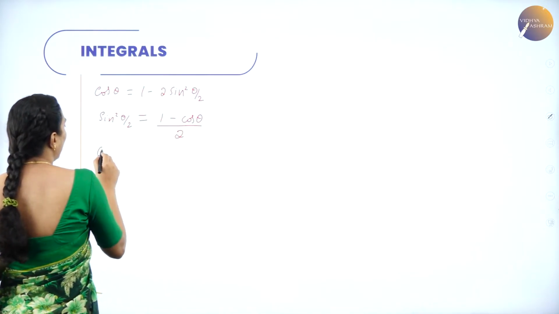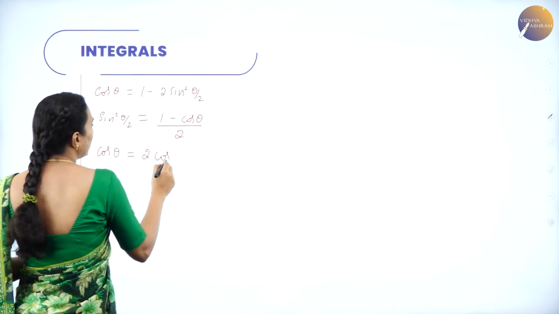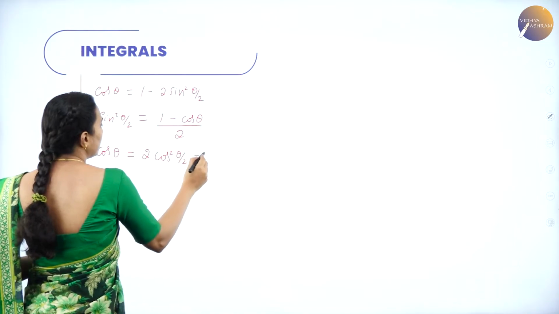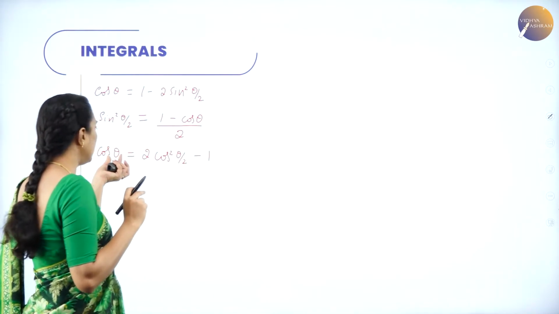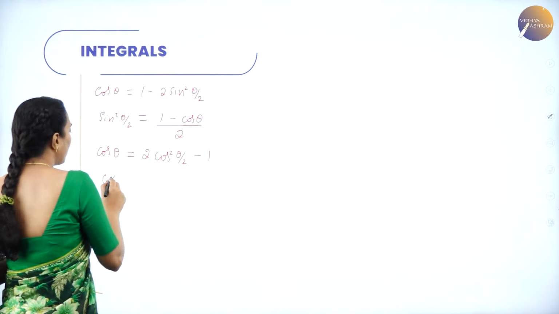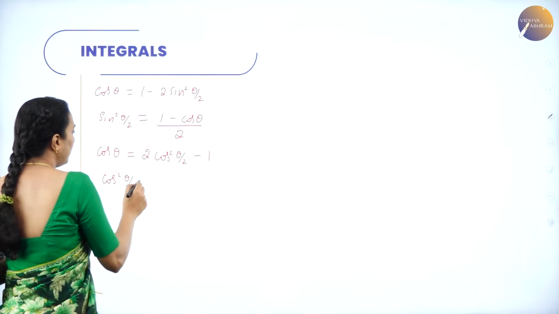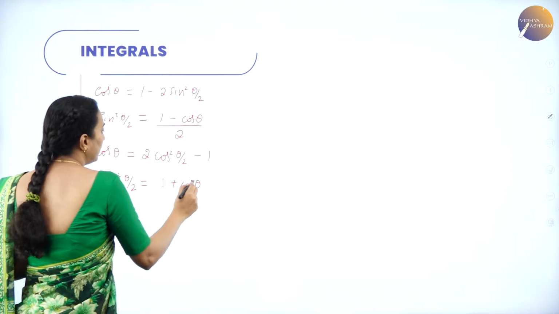Similarly, cos theta can also be written as 2 cos squared theta by 2 minus 1. Remember dear students, I am dividing through an angle only because I am taking an angle. Otherwise, you can write cos squared theta by 2 as 1 plus cos theta divided by 2.